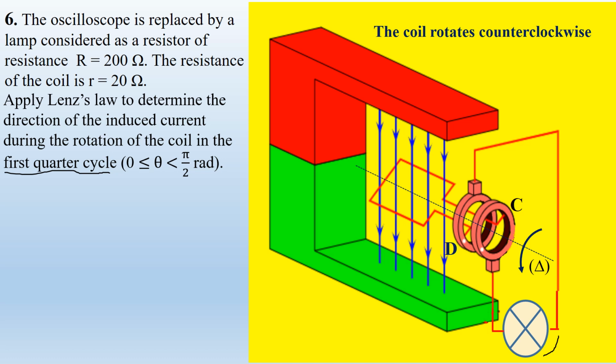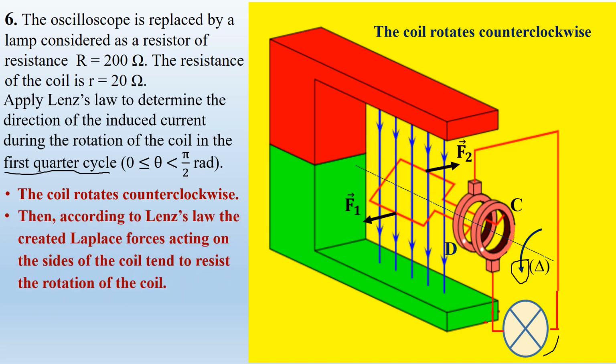Now, initially, the coil is in the horizontal plane. Look at the figure. We draw the coil in a certain position during its rotation counterclockwise in the first quarter cycle. So remember, the coil rotates counterclockwise. Now, according to Lenz's law, the created Laplace forces acting on the sides of the coil tend to resist the rotation of the coil.